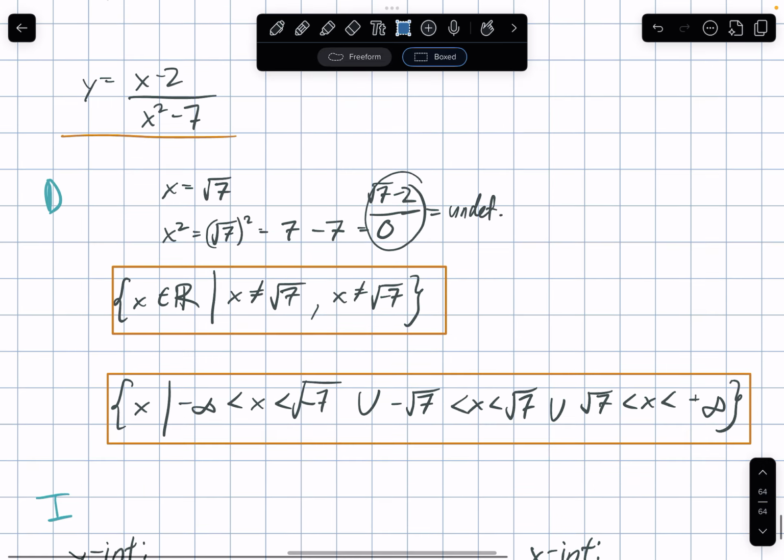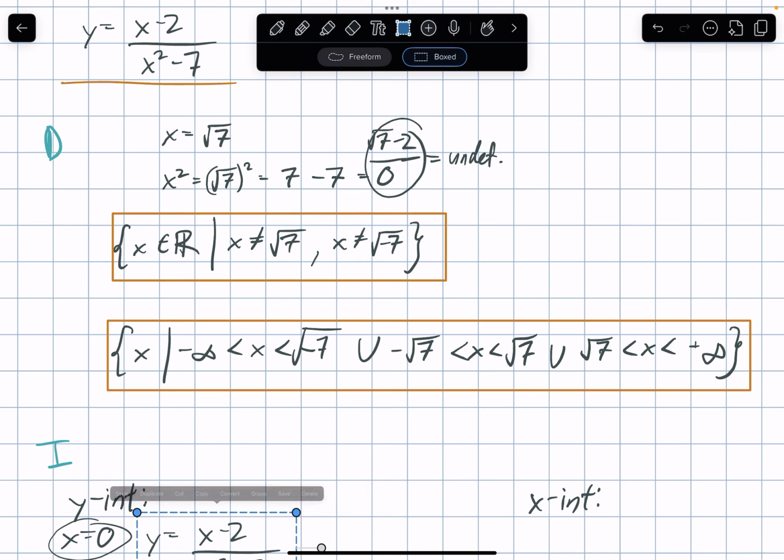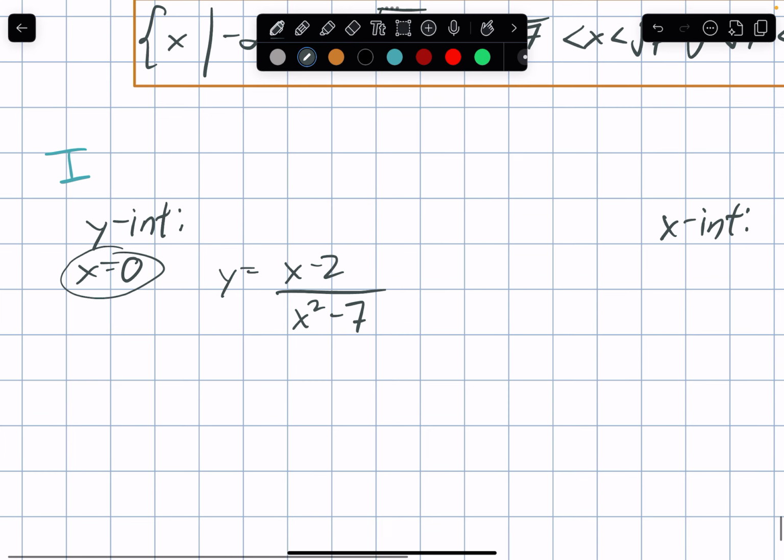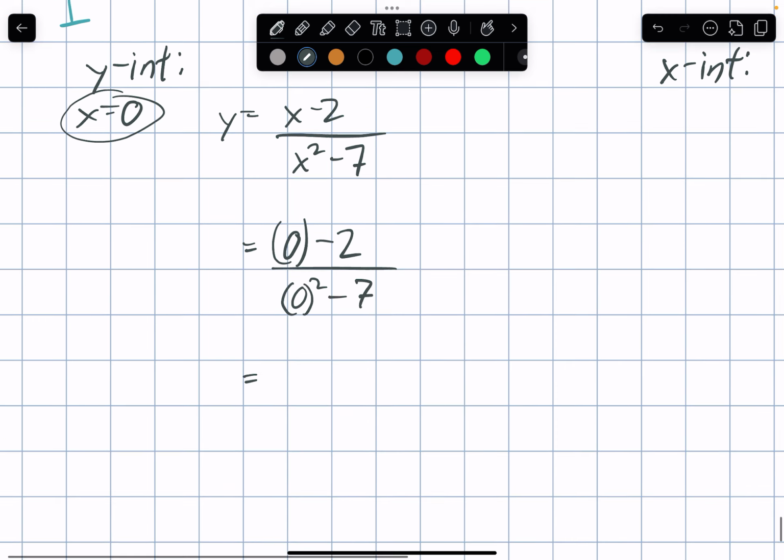So copy this function. I believe you just substitute. Let me confirm if that's correct. Yes, you do. So 0 minus 2 over 0 squared minus 7. This is going to be 2 over 7. So (0, 2/7) is our y-intercept.